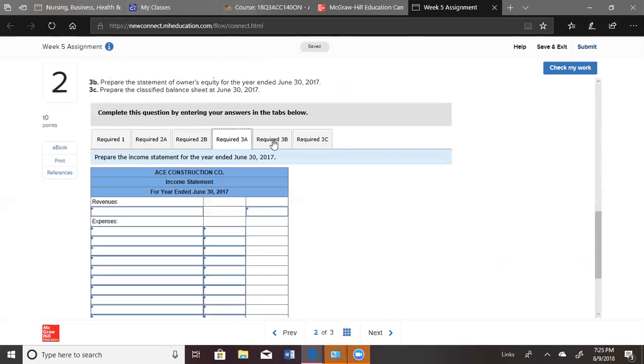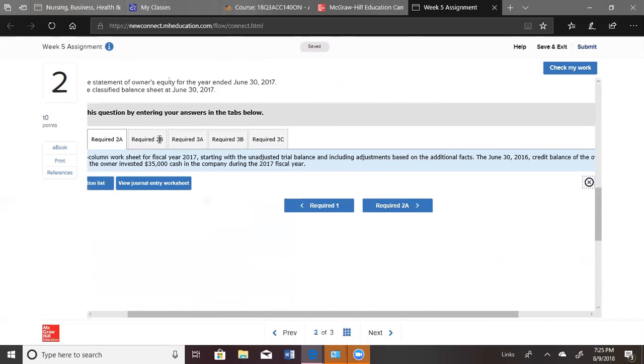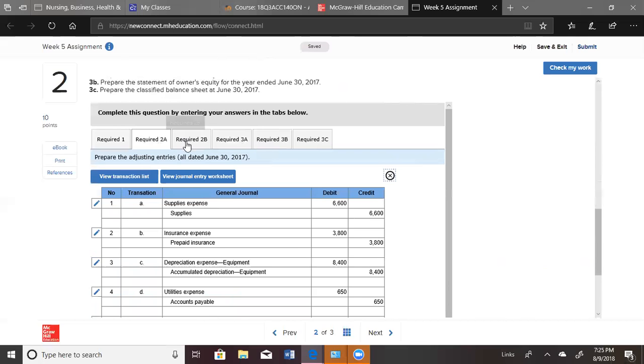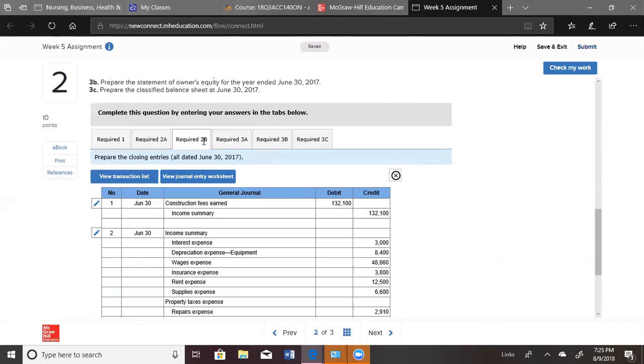So this goes with this, right? This is what I'm confused about. So required one goes with 2A. And then 2B goes with, let me see. 2B will go on required one also. It would go on required one too? Yeah, because. Okay, then 3A. Required one. Click on required one.